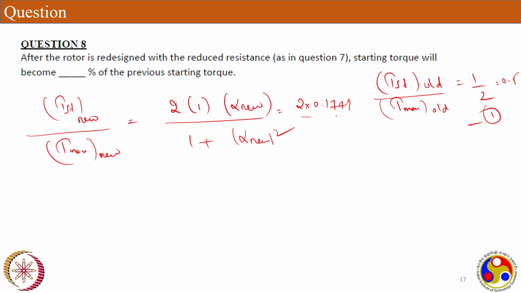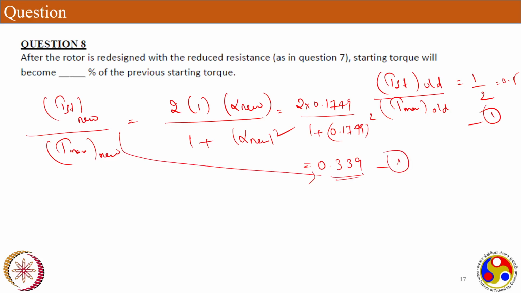So you calculate this. Around how much is it? 2 into 0.1749, divided by 0.1749 square plus 1. I'm getting 0.339 something. So this is one ratio you have, and another ratio you have.